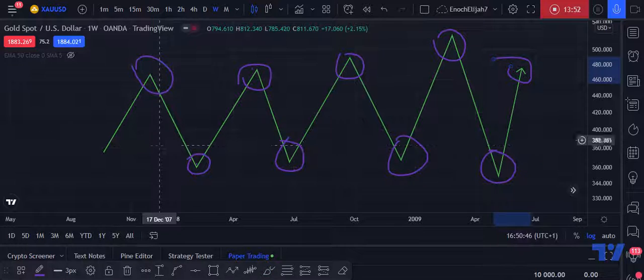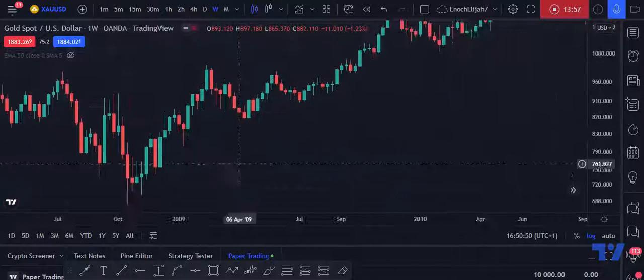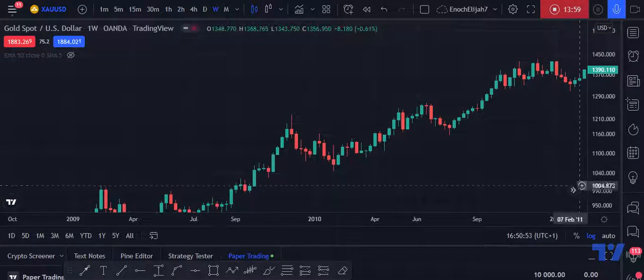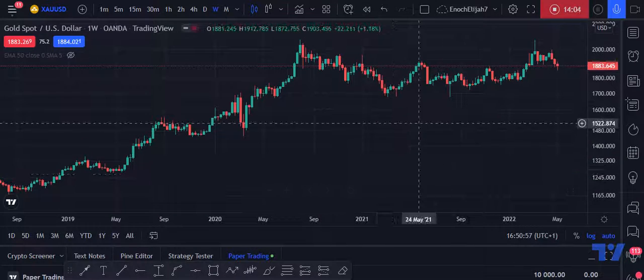Let me see if I can get an example for that too on gold. Let's see if I get something like that. Yeah, we have something like that already on gold before.